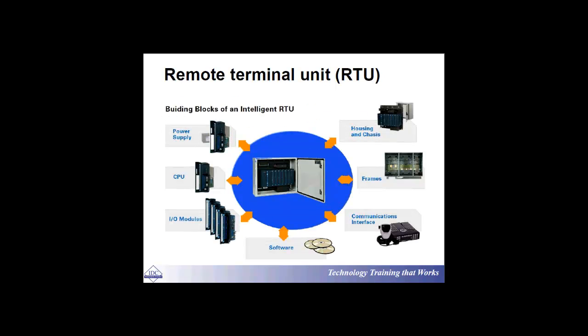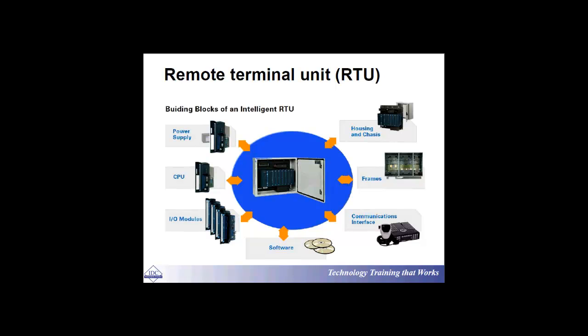So basically, the main components of this RTU are the CPU, of course, central processing unit, the power supply. At the end of the day, that's an electronic device. Some input-output modules, IOs, could be digital and could be analog.